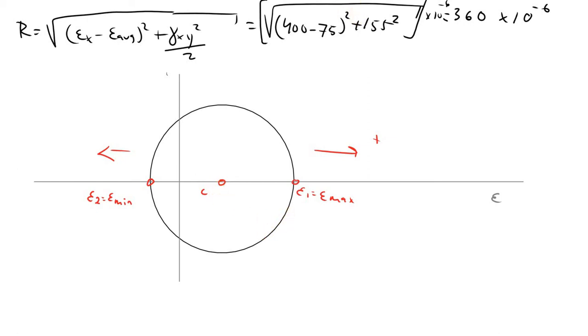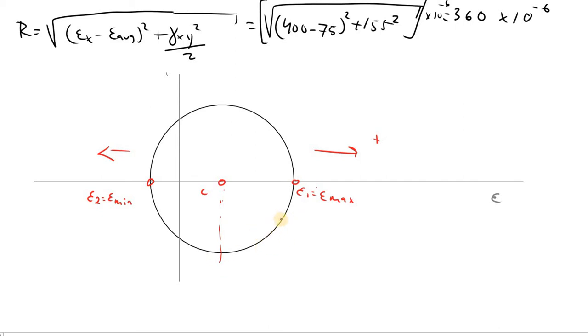Then we want to go ahead and put in our reference point A on this coordinate field. So our reference point A is positive 400. First of all, positive on the normal strain axis to the right, towards my epsilon 1, and downwards as positive for my shear, so 400 and 155.